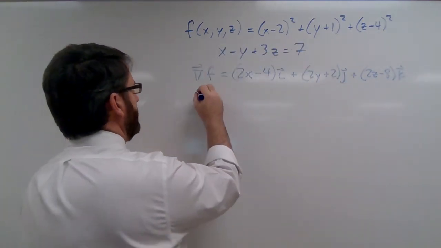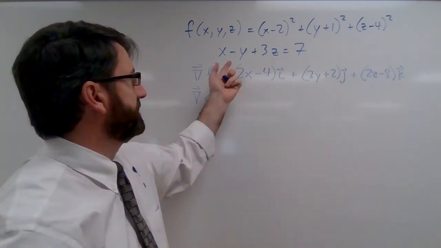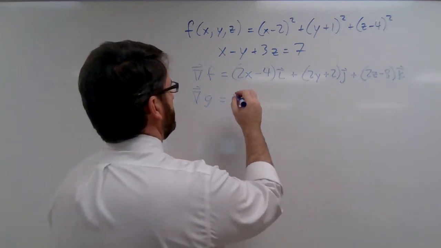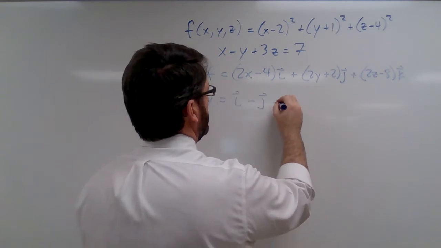And then the gradient of g, which is this equation set equal to 0, is going to be just i minus j plus 3k.